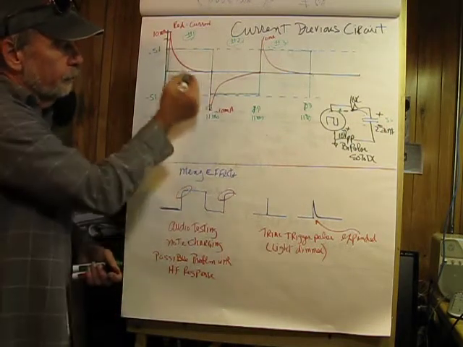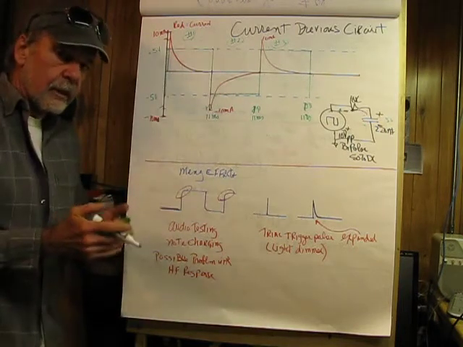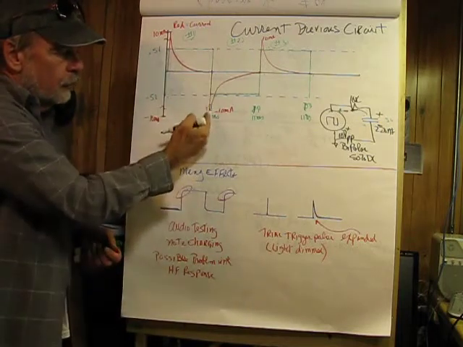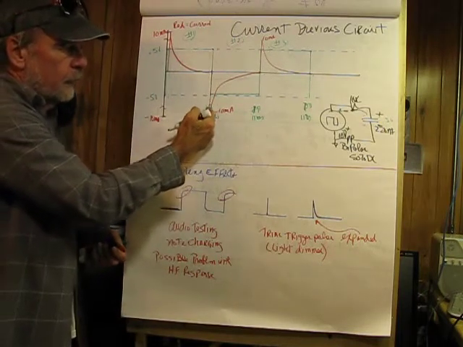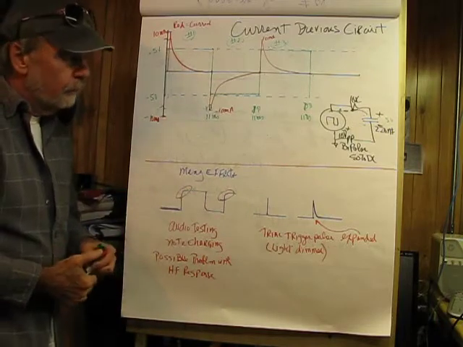Just remember that the capacitor now is charged to plus 5 volts. So our current now is going to drop down to negative 10 milliamperes and then exponentially decay back to 0.